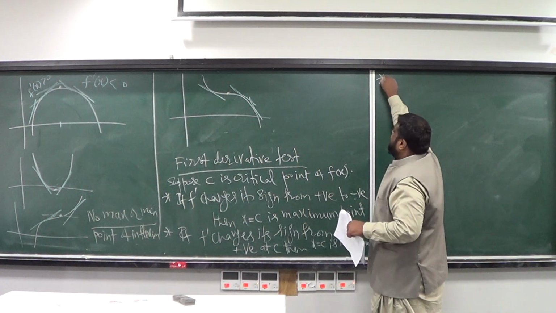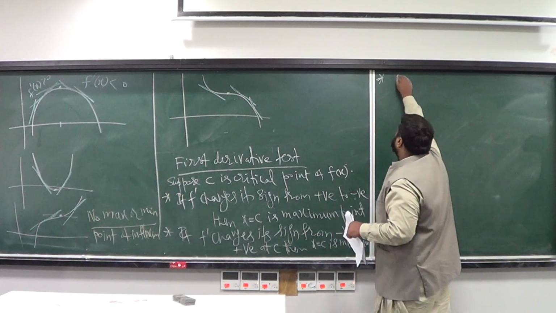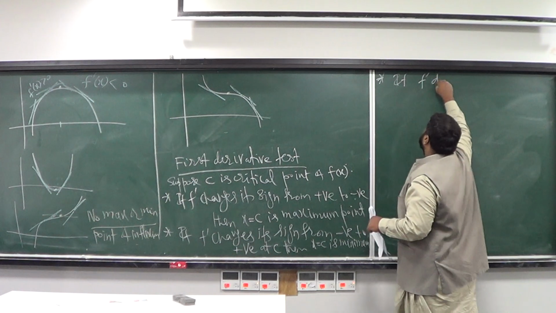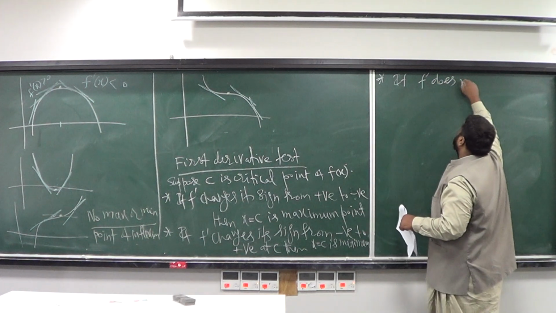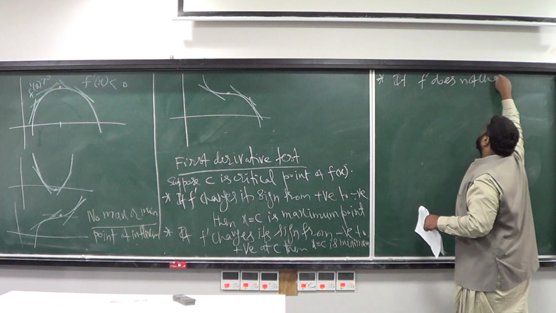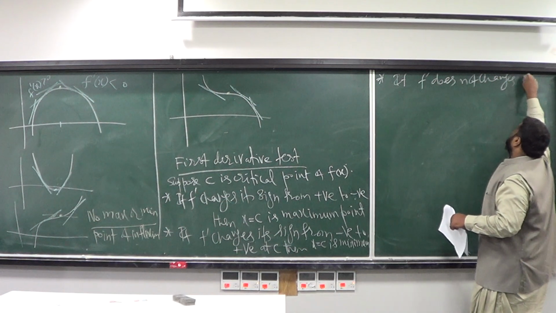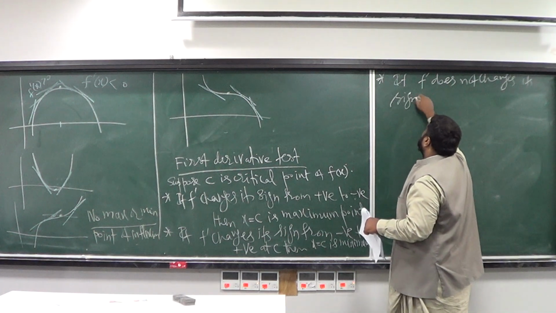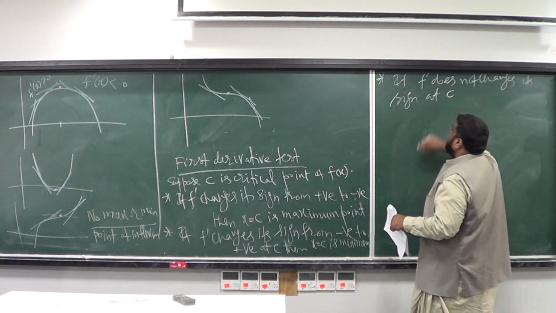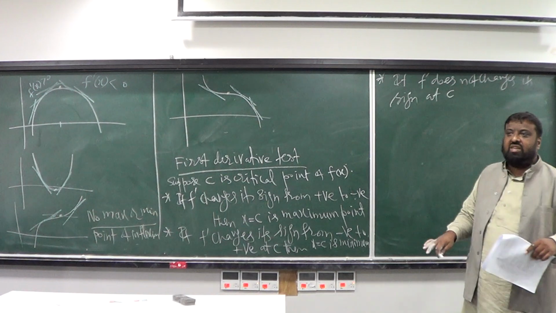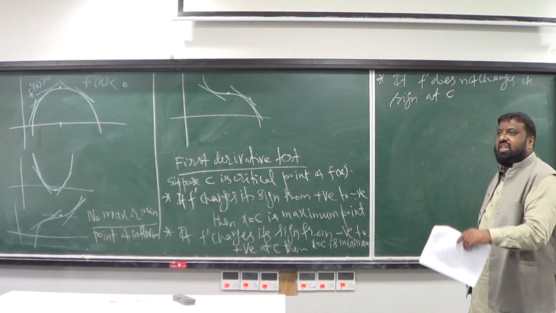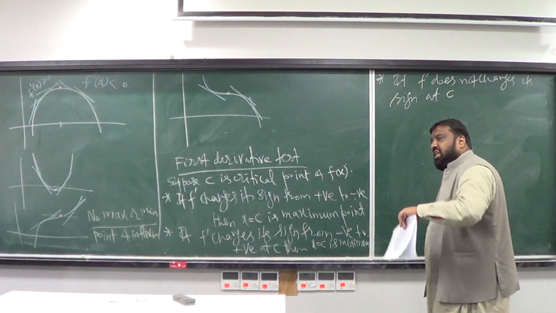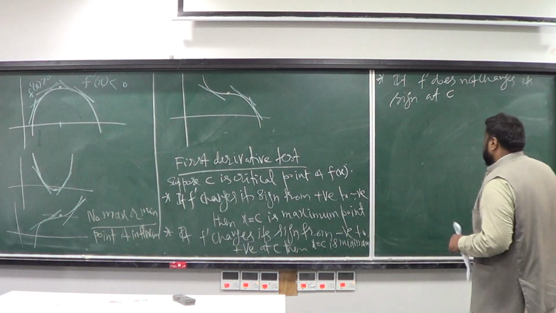The third possibility is that f prime does not change its sign at c. In other words, before c the function was increasing and after c it is still increasing, or before c the function was decreasing and after c it's still decreasing.